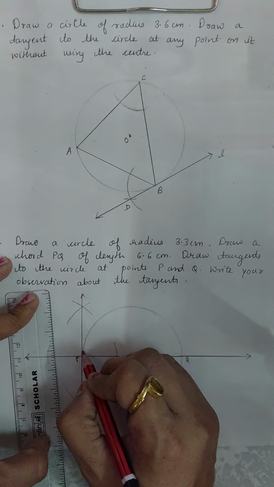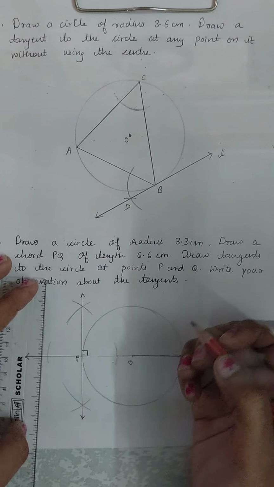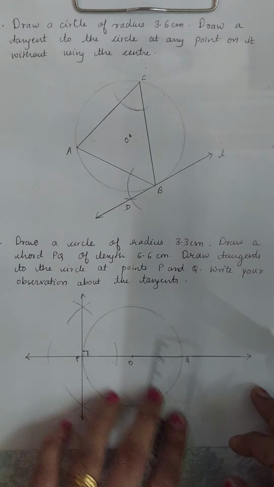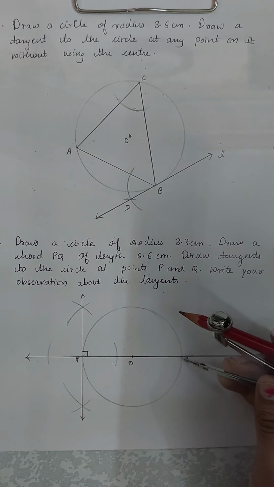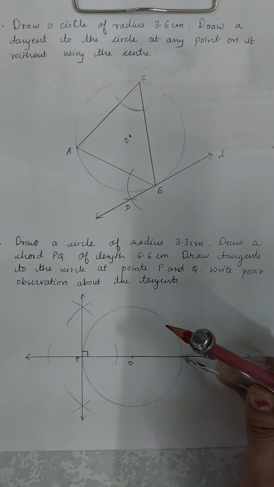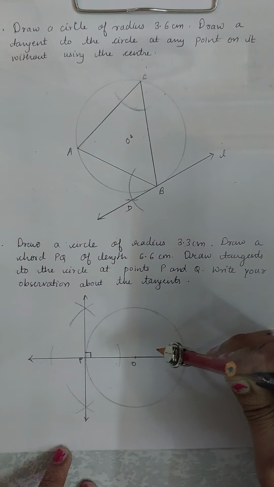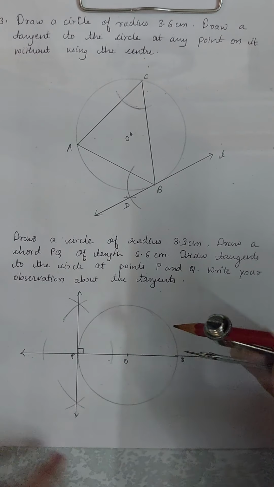Okay. So this is going to be perpendicular to the radius. So this is one. Also we have to draw the tangent on this side. So again I will place this here and I will draw arcs properly.